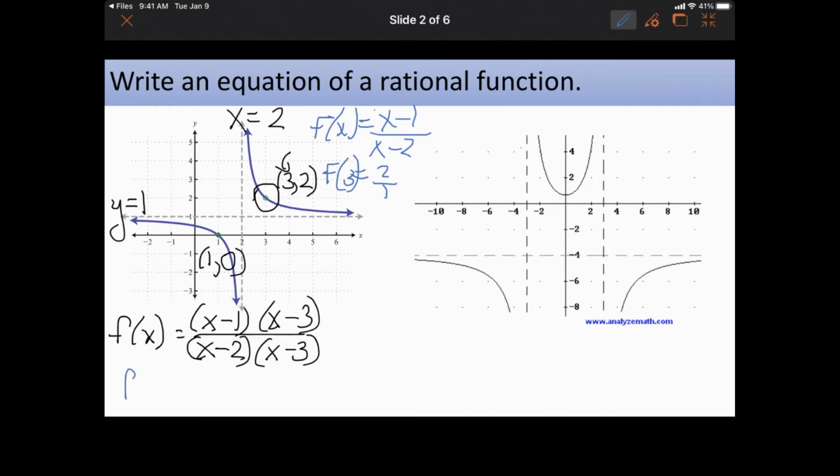So this equation is good. You can leave it in factored form, or we could multiply it out. And there, I like it. Okay. Next one.